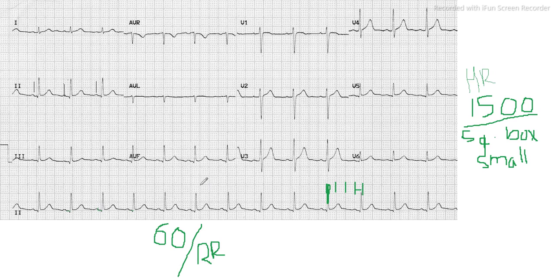You see here this is one R and this is another R. What I mean by the RR interval is this: this is one big square box, and in one big square box there are 25 small square boxes.